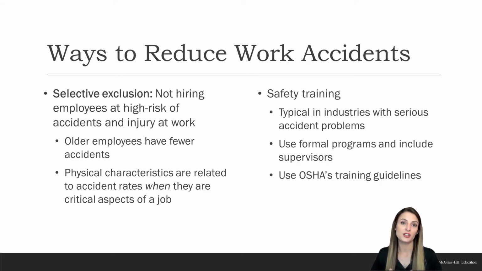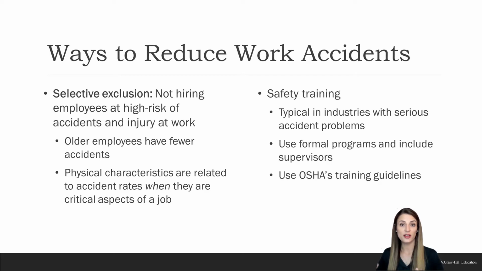We might also pay attention to physical characteristics, physical abilities, if those abilities are related to the job. If a job requires that someone have visual acuity, then it's okay for us to not hire people who don't meet those vision expectations.